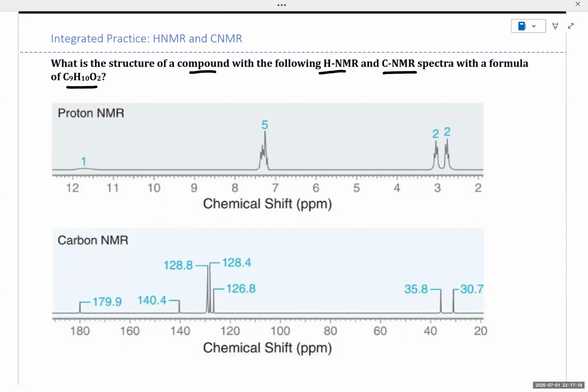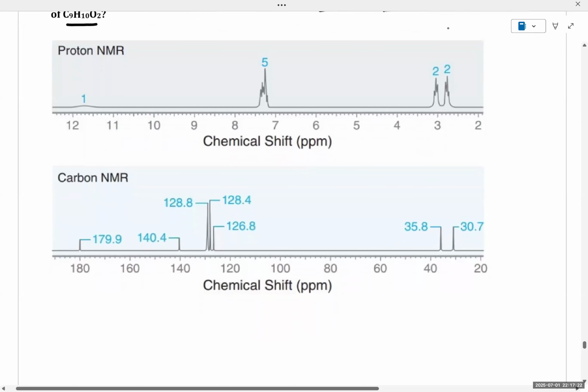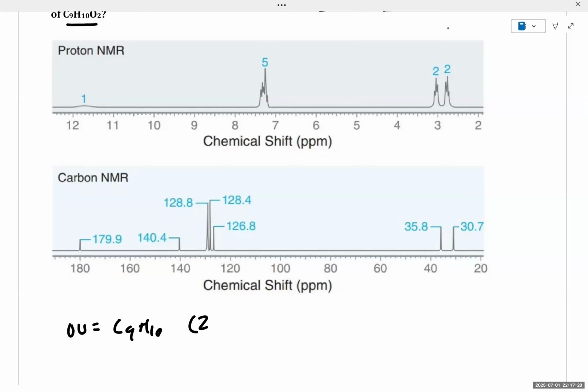Okay, so first things first, what you're going to do first and foremost is to calculate the DU value. So C9H10O2, that gives us a DU value of 2 times 9 plus 2 minus 10 over 2. That gives us 10 over 2, or a DU value of 5.